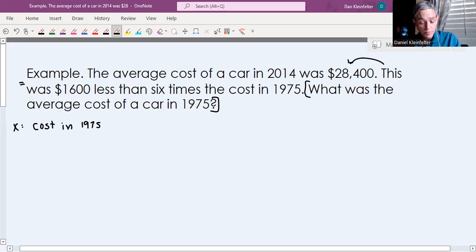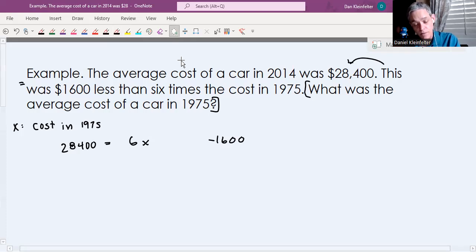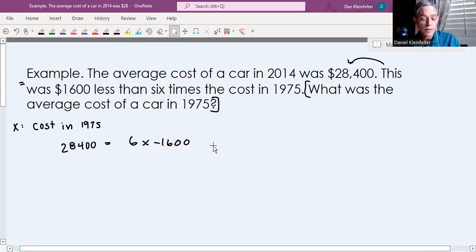So the 28,400 was $1,600 less than 6 times the cost in 1975. We can bring that closer. So $1,600 less than the cost, 6 times the cost in 1975. So this is the equation we get out of it.